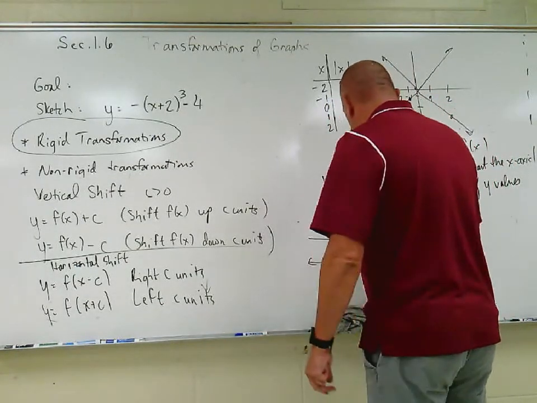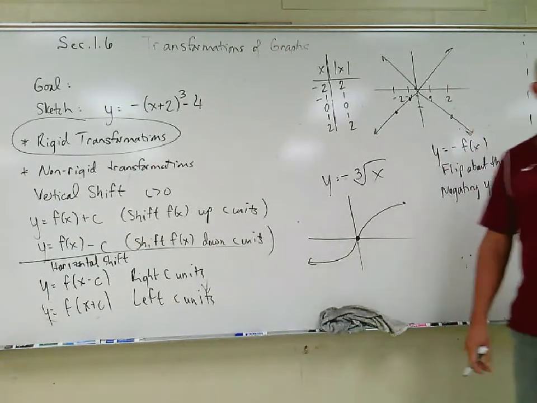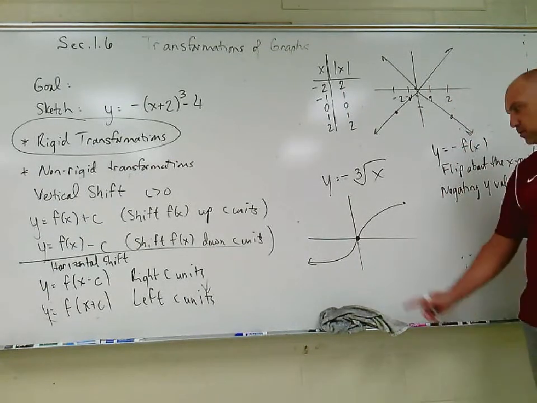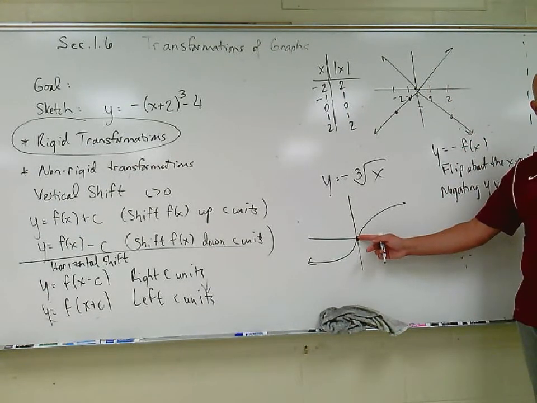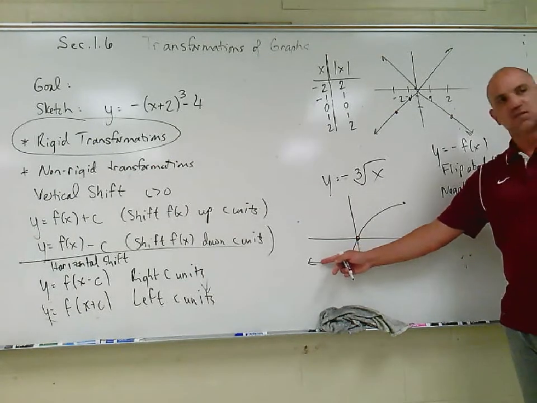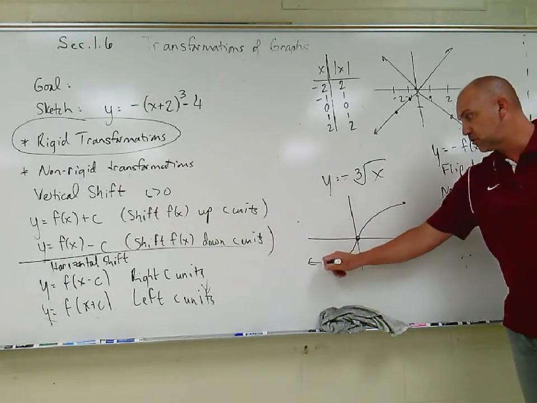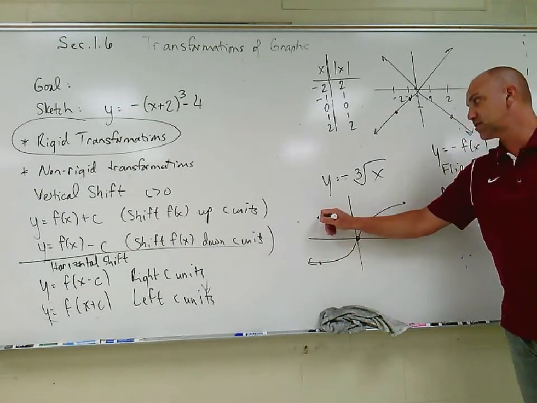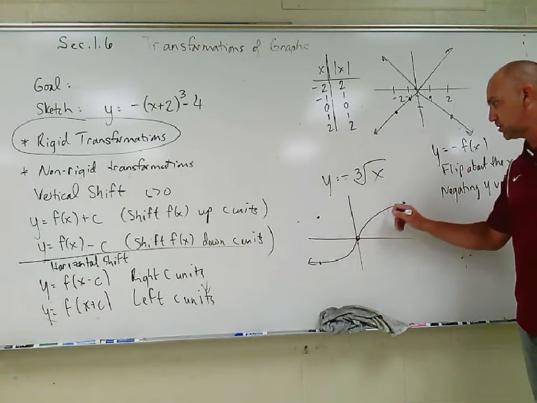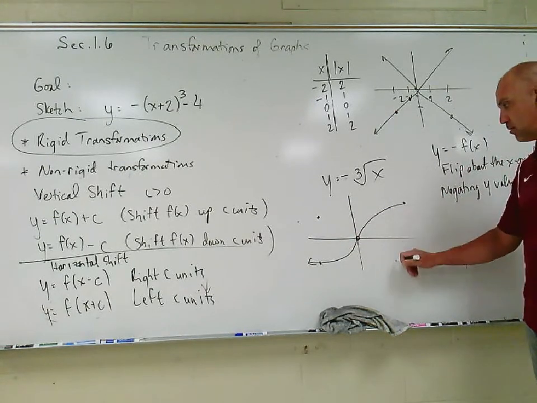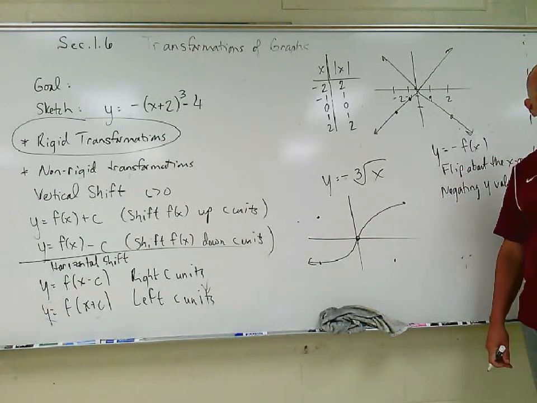Now, I'm going to point to the point. You're going to tell me what's going to happen to it. It stays the same. Where's this one going to go? It's going to go up and become positive. So if you just kind of want to imagine, it's going to go there. And then where is this point going to go? Down. And now you should be able to get the picture.